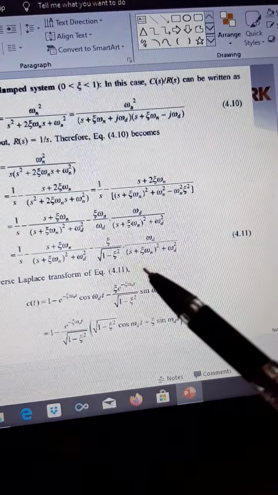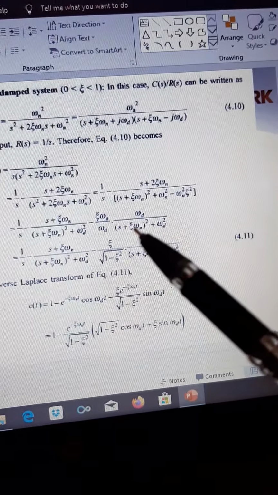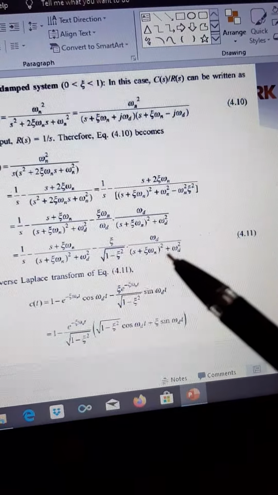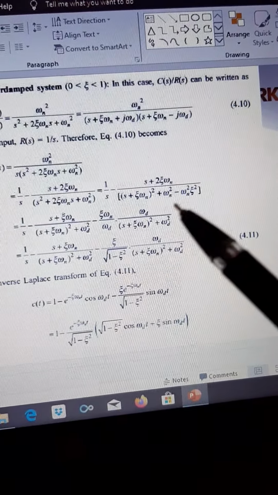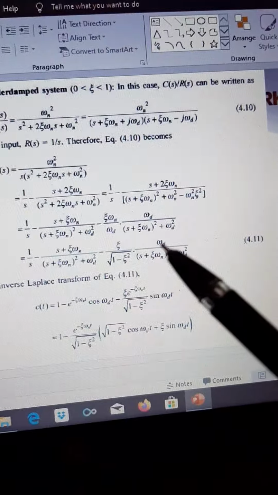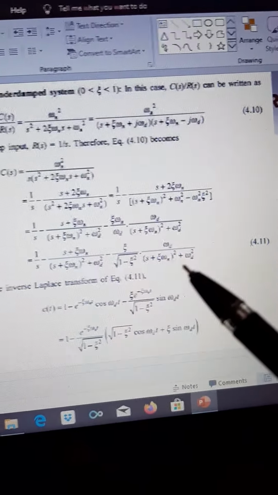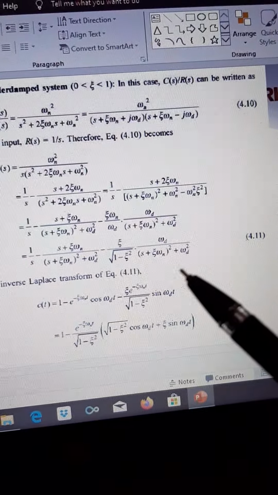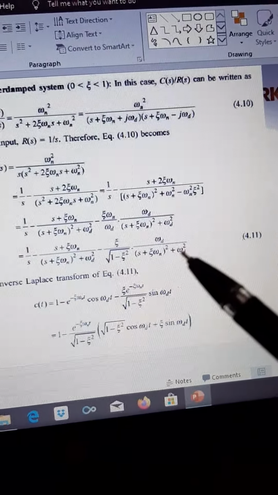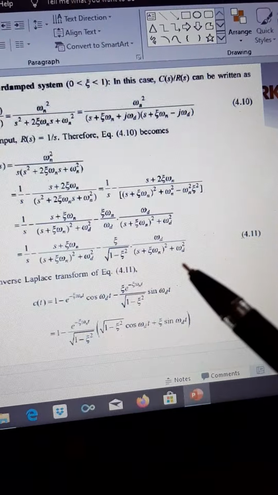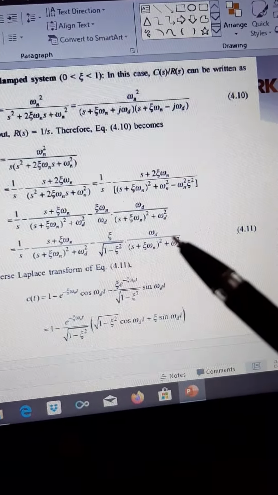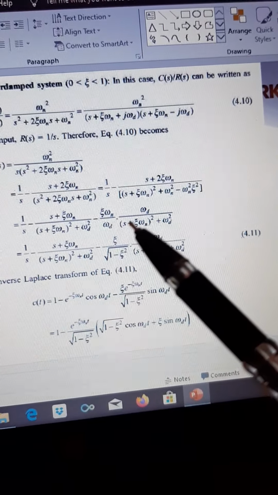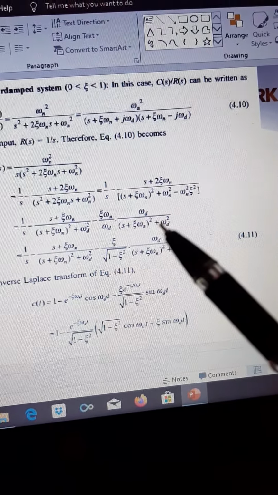Could all of you try how you are getting this? Look into these expressions. Ultimately, when you do it like this, this omega d and this omega d will be cancelled.